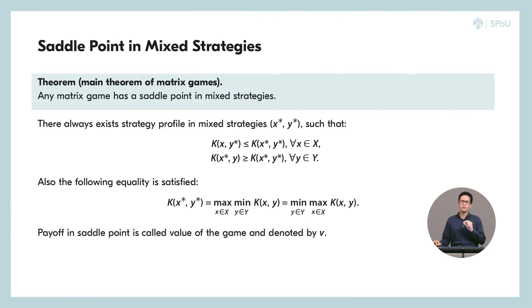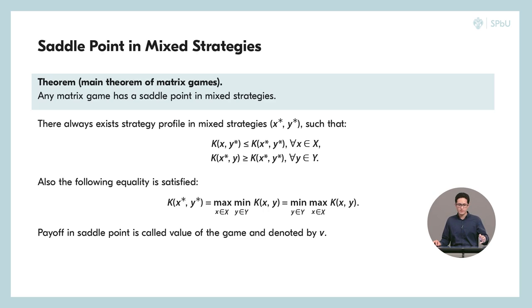Another very important thing about mixed strategies is that a saddle point in mixed strategies always exists for any matrix game. The result that is presented on the slide is a fundamental result for zero-sum games. Why? Because it means that we can always find a saddle point for any matrix game.